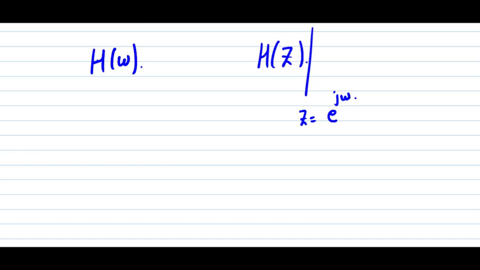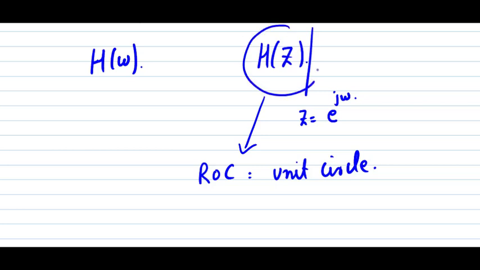And there is another condition: H of z should have the unit circle within its region of convergence. If the unit circle is within the region of convergence of H of z, then by replacing z with e raised to the power j omega, we can directly calculate H of omega from H of z.